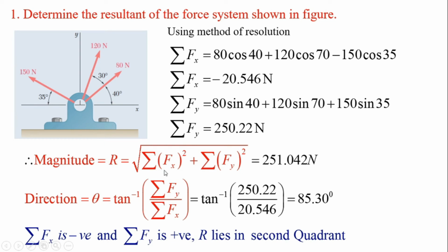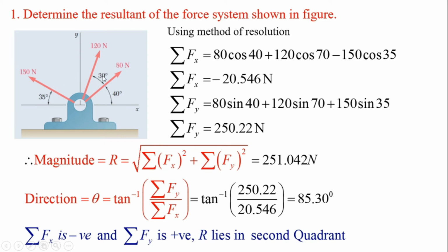Finding the resultant means, suppose these are the three given forces and this is the resultant. It means that we can replace all these three forces by a single force, and that single force is the resultant, 251.042 Newton. This is the meaning of resultant. It is a single force which can replace all the given forces.